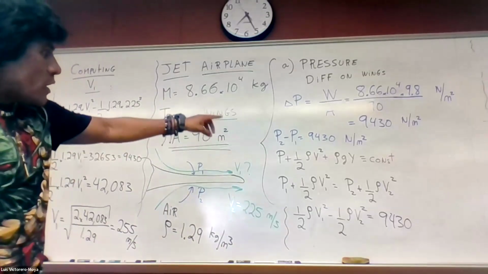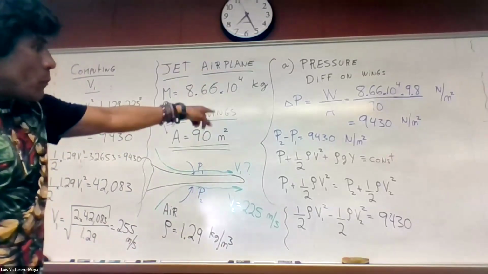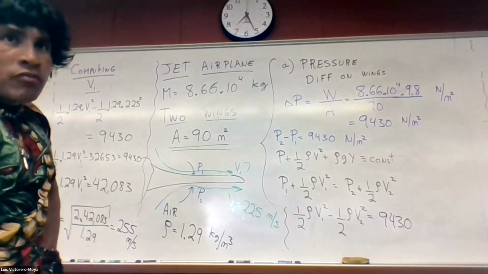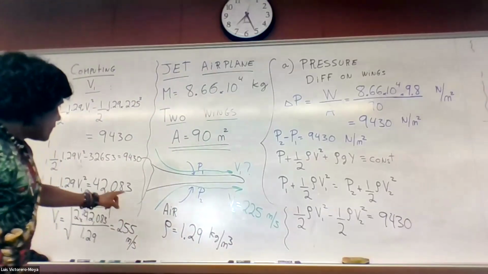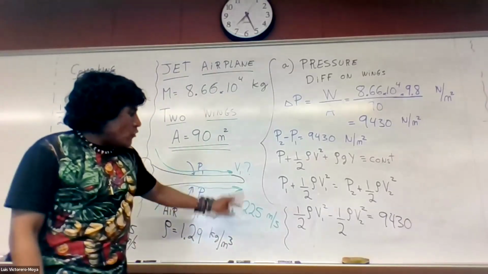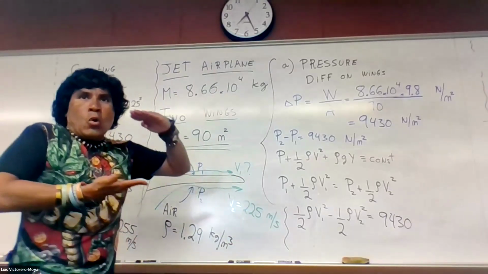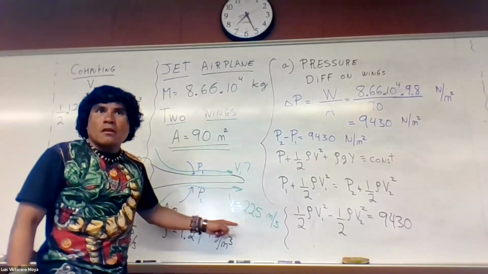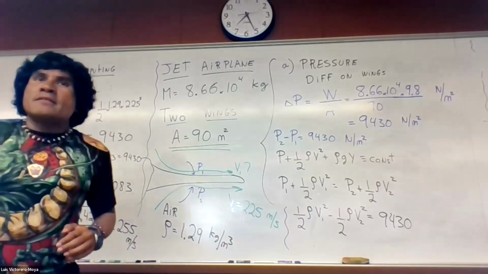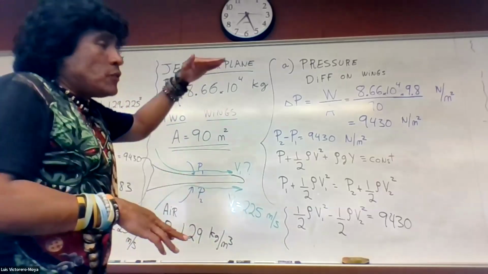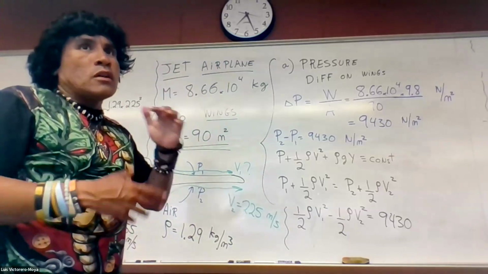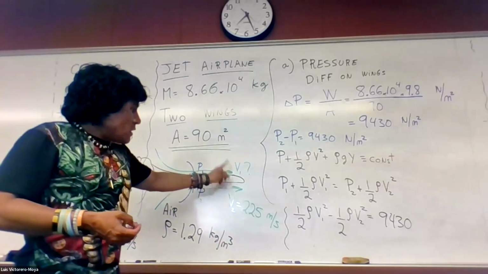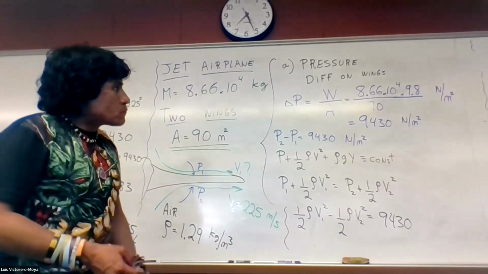Then you can no longer support the aircraft. If you don't have enough pressure difference, you don't have enough velocity difference. A good pressure difference gives you a good difference in these velocities to make the flight stable. That's why the altitude of the plane is not random.